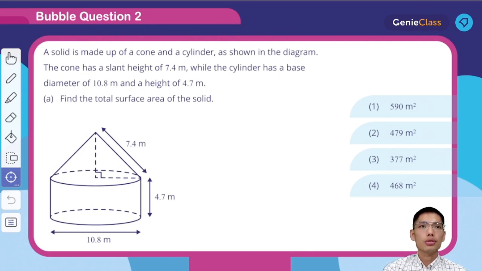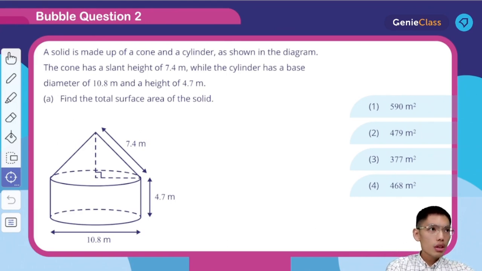So take note what do you need to find over here. Don't fall into the trap. If you use what is given, definitely you have enough time. You have about 5 more seconds.